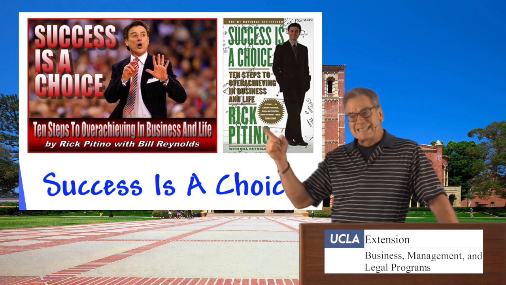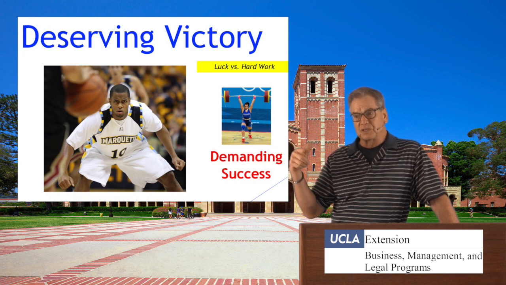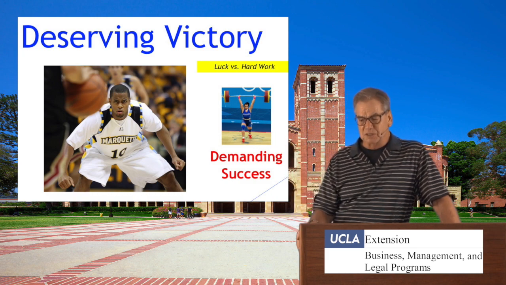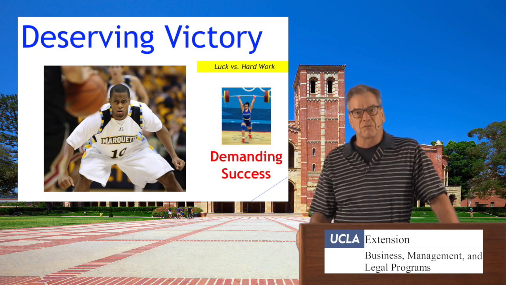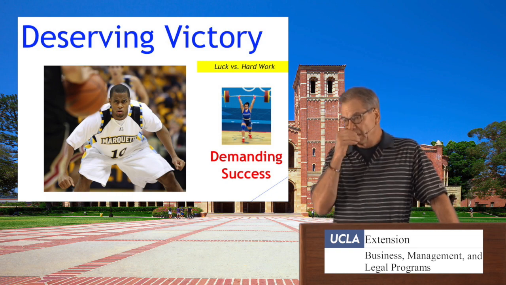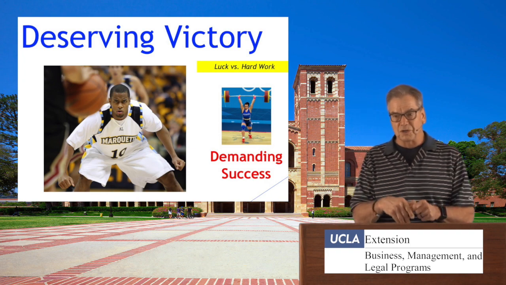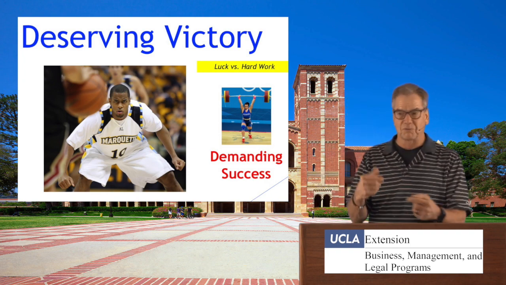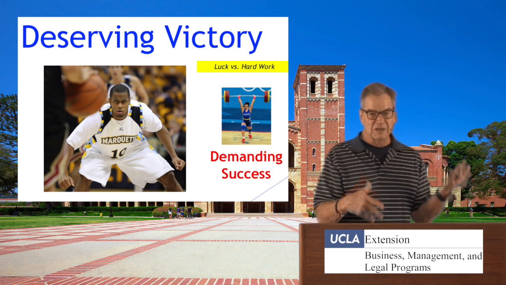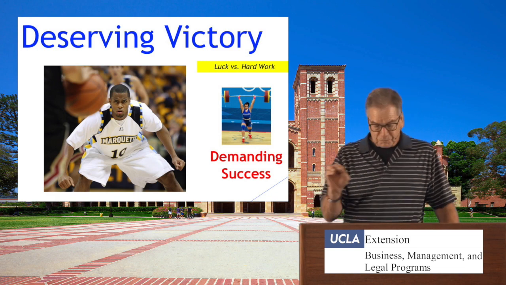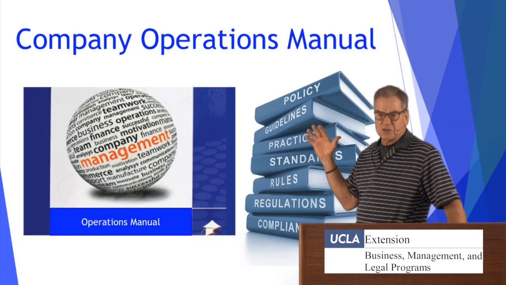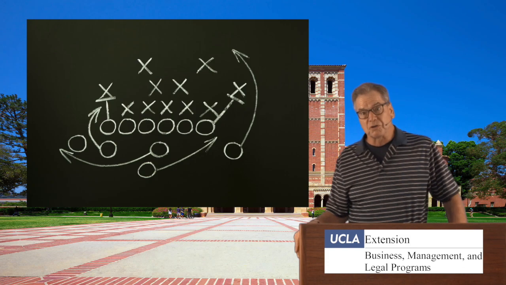Well, if we take these operational manuals, these mechanical sections of your business plan, and think of them as a playbook for a football team or a basketball team, how we're going to do the triple whammy play or the flea flicker or a defensive or offensive type play in a game, our procedure manual is like a playbook.